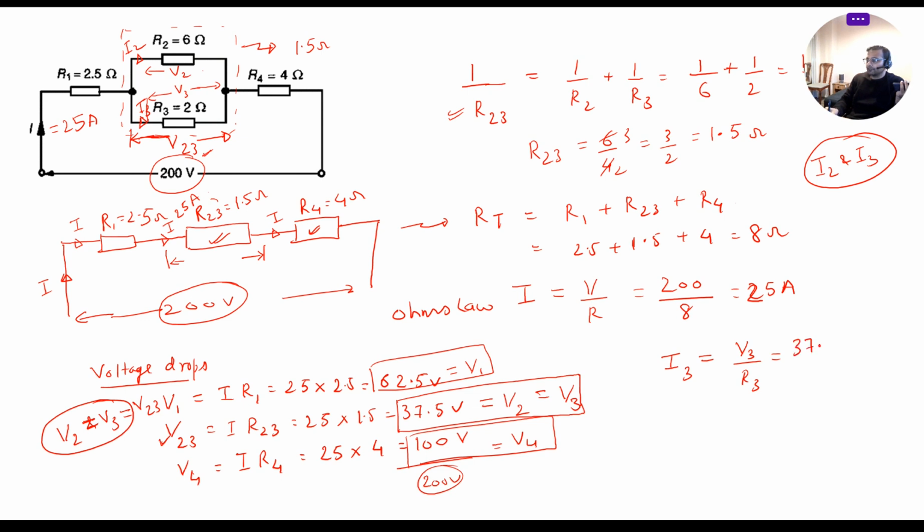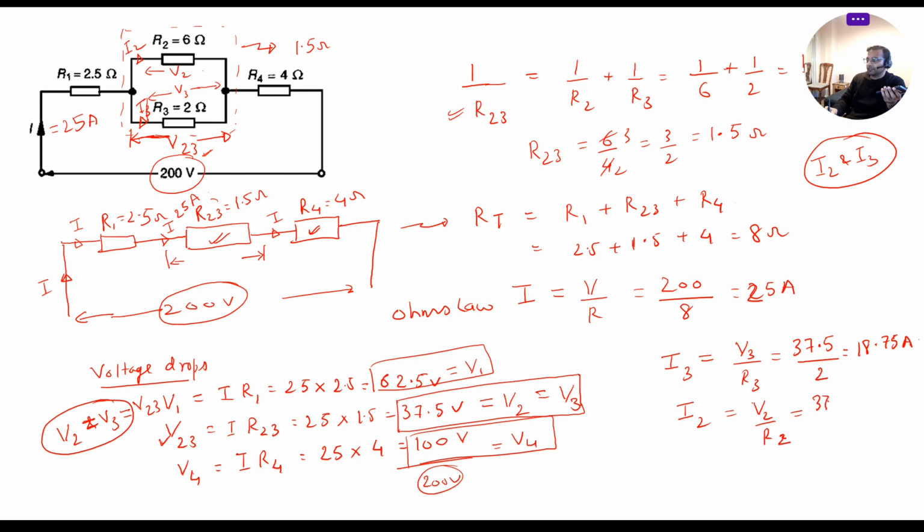It's 37.5 volts divided by R3, which is 2. 37.5 divided by 2 is 18.75 amperes. And similarly, I2 will be V2 divided by R2.